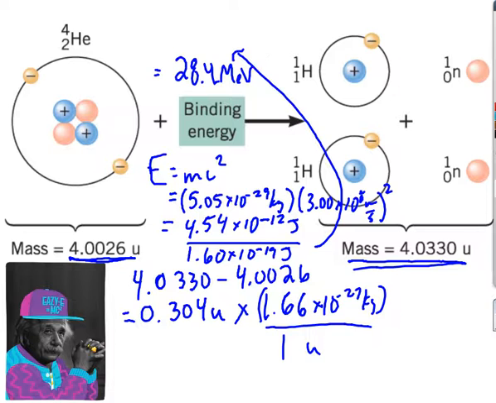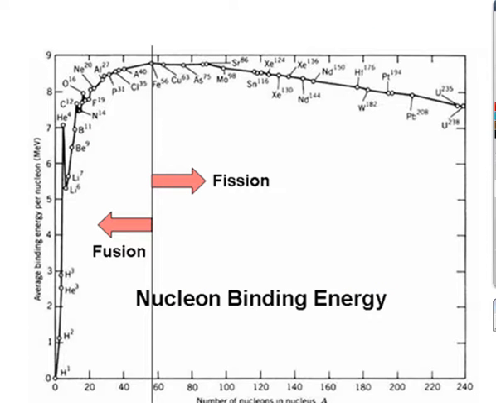Now, this binding energy is important, and it actually helps us to understand what types of atoms are going to undergo fusion and what types of atoms are going to undergo fission. It's constantly a battle between the electric force and the binding energy.